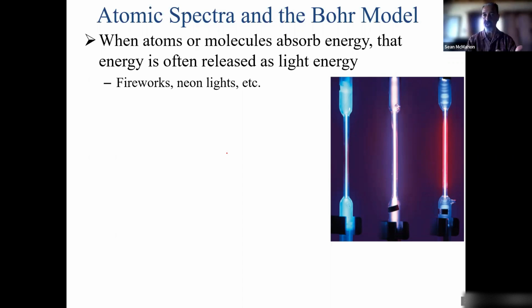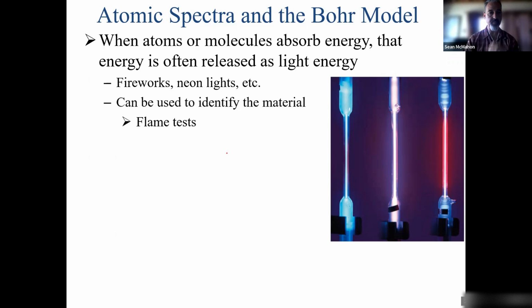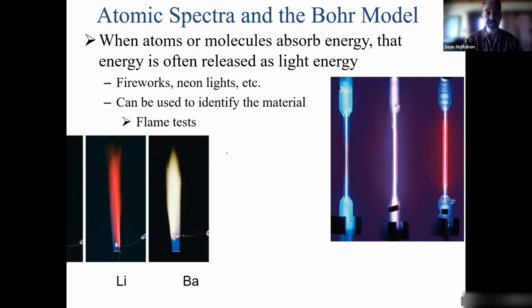So typically, with a lot of reactions, there's a release of light. An example is combustion. When I burn things, not only is there a change in the molecules, because I'm breaking bonds, rearranging atoms, forming new ones, it's accompanied with changes in energy in the form of heat and light. You actually see this with flame tests.